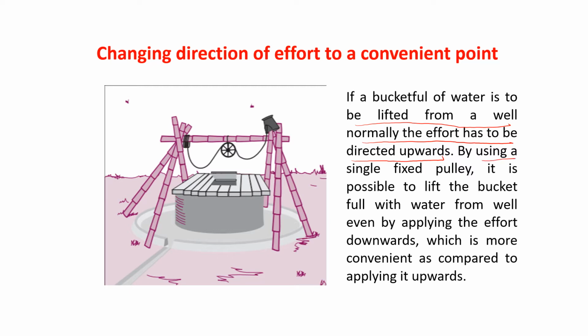So by using a single fixed pulley, it is possible to lift the bucket full of water from the well even by applying the effort downward. We apply the effort in the downward direction and the bucket comes up, which is more convenient as compared to applying it upwards. So we are changing the direction of effort to a convenient point.